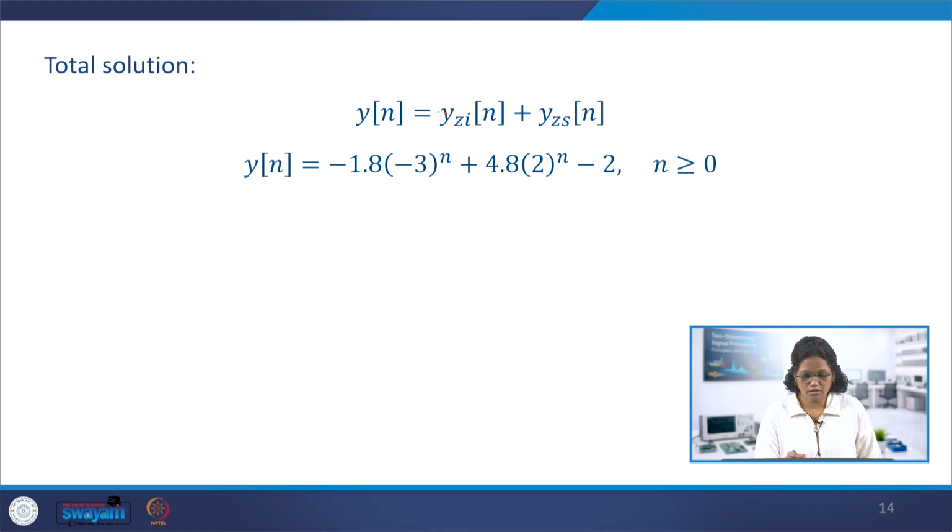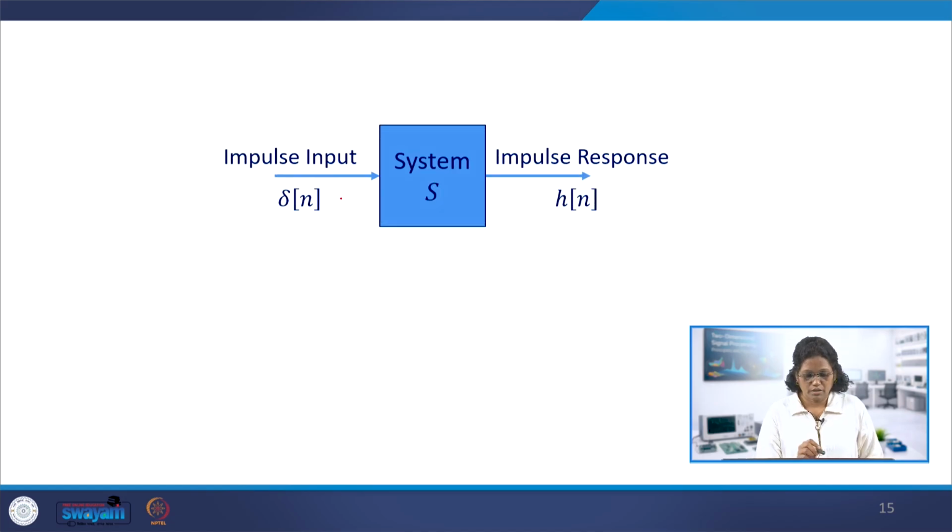If you apply both the initial conditions and the input, you can get this directly as well, instead of getting the zero input response and the zero state response separately and adding them together. This is the total response which contains both, just to demonstrate that this solution contains the two, and you can find them separately and add them to get the total solution.